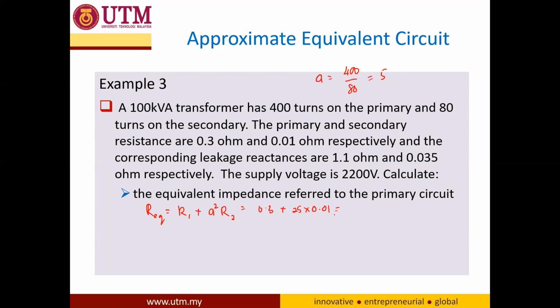So 0.25 plus 0.3 is 0.55 ohm. And X equivalent 1 is X1 plus a squared X2, so this is 1.1 plus 25 multiplied by 0.03.